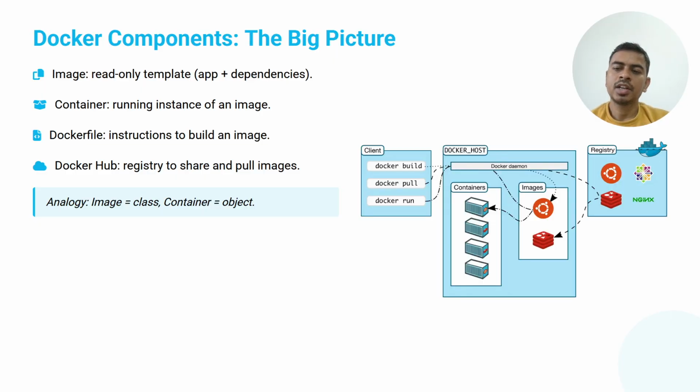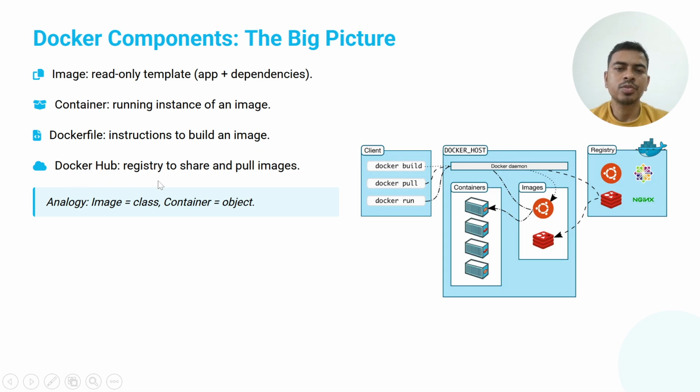So next is Docker components, the Docker architecture. Image: a read-only blueprint of the application container, with apps, libraries, and dependencies. Here the image is a read-only template with the app and dependencies. Container: a running instance of an image. Dockerfile: instructions to build an image.